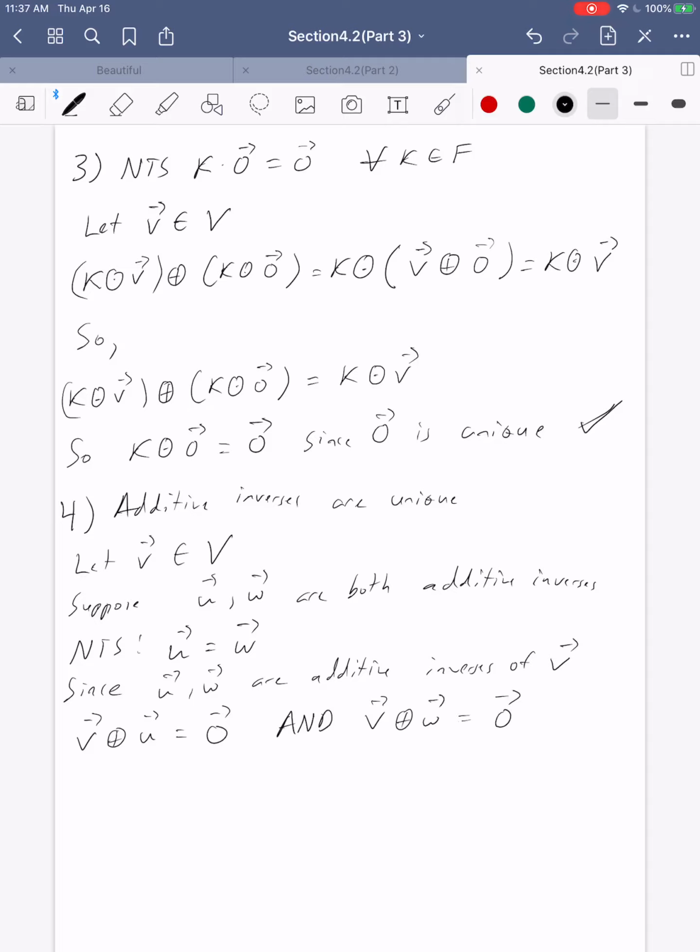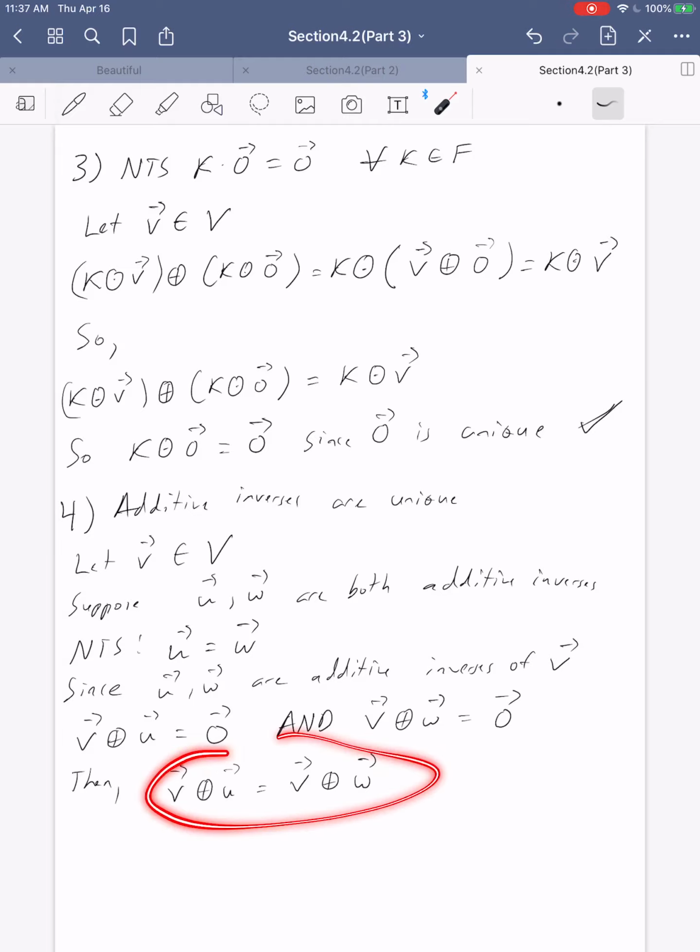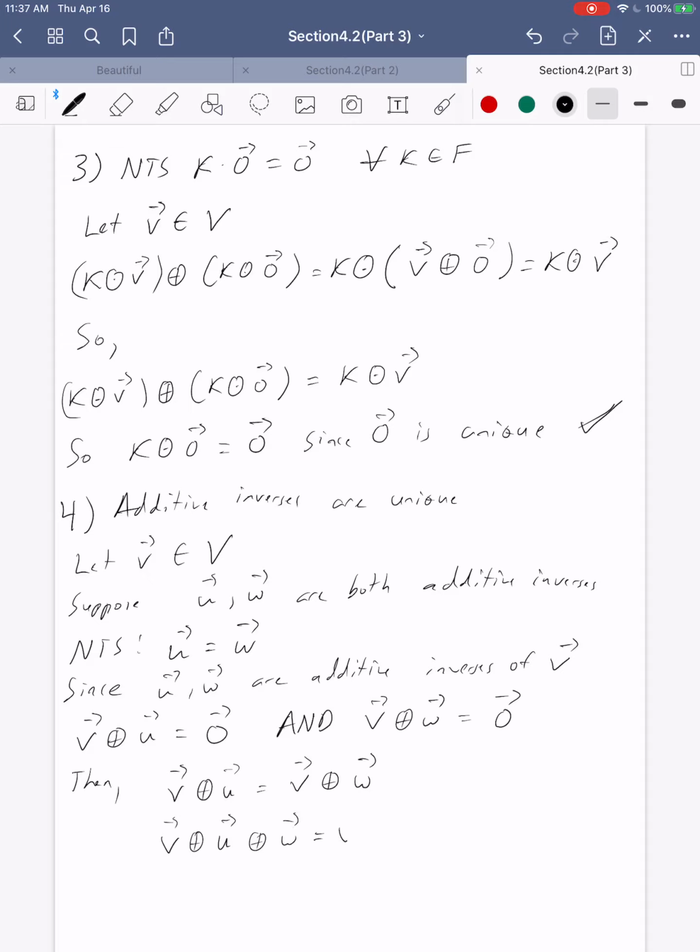Now since both of these equal the 0 vector, we can say that V plus U has to be the same as V plus W. But now let's be a little clever here. Let's add one of these additive inverses on both sides. So that tells us V plus U plus W equals V plus W plus W. I'm just adding this W vector on both sides.